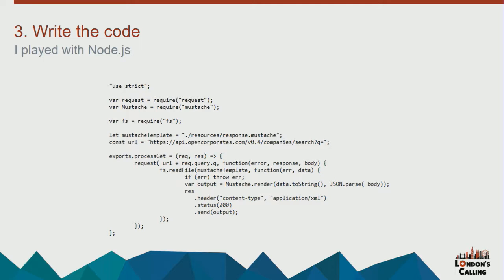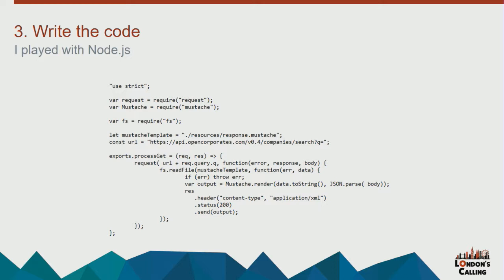So I process the GET request I got from Salesforce. I get the request, and I have a response. From the request, I take the query part, and I make another request to the API I want to query, which is right here. This is the API. At the end, I put the query part I got from Salesforce, and I queried the request.